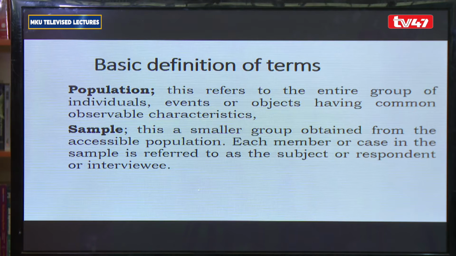It means we might not be able to get to all these schools or all these people that are scattered in wide geographical areas, or the population is so large. So that means we actually look for, or we talk about, accessible population, population that we can reach. Again, I hope we recall this from our research methodology.